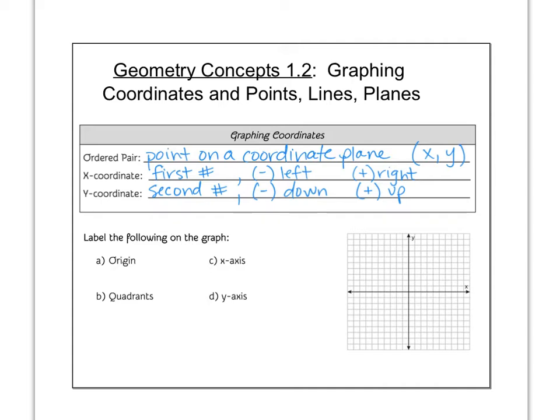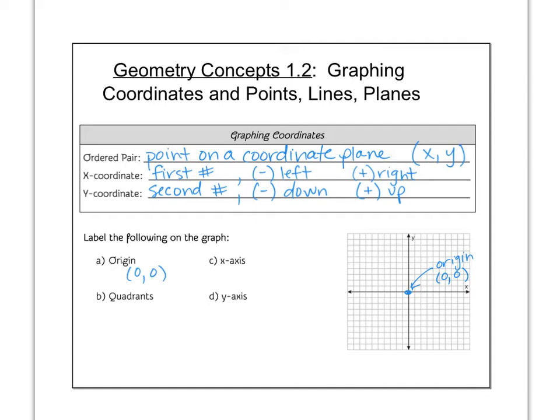Where's the origin? If you are saying the origin is right here, you are correct. This is the origin, right where the x and the y-axis cross. The coordinate at the origin is 0, 0. So that's really important. The origin is at 0, 0.